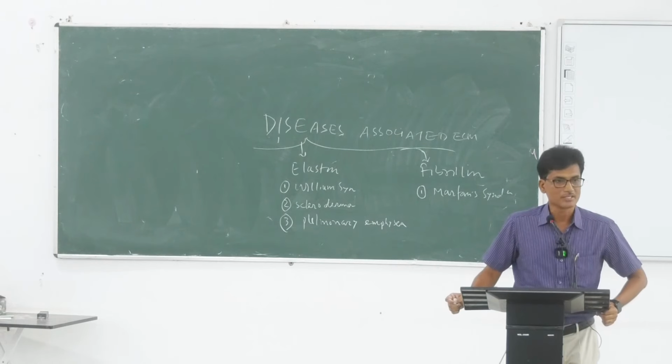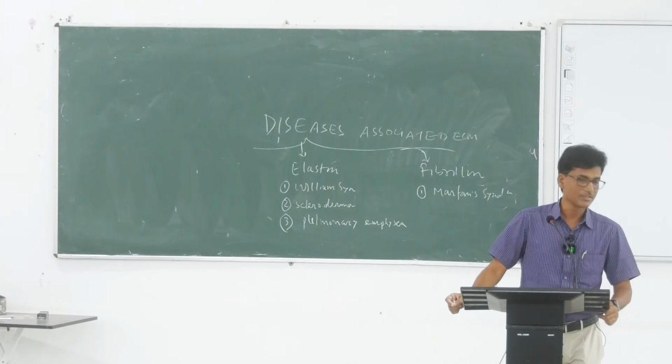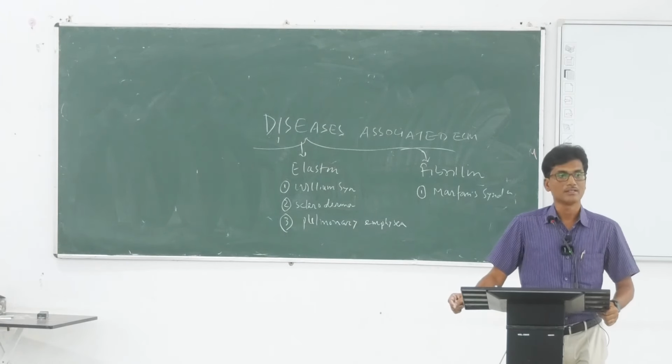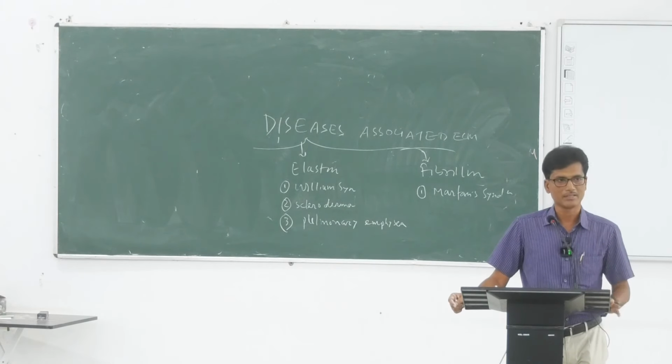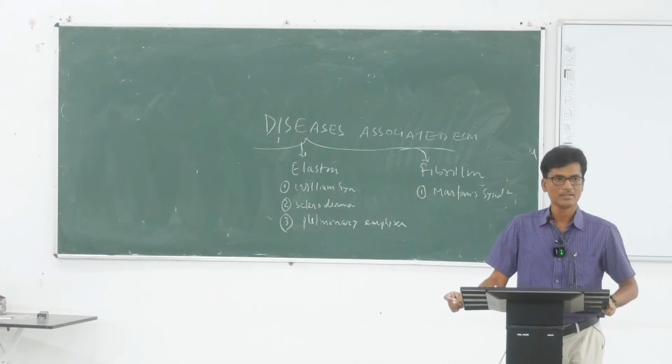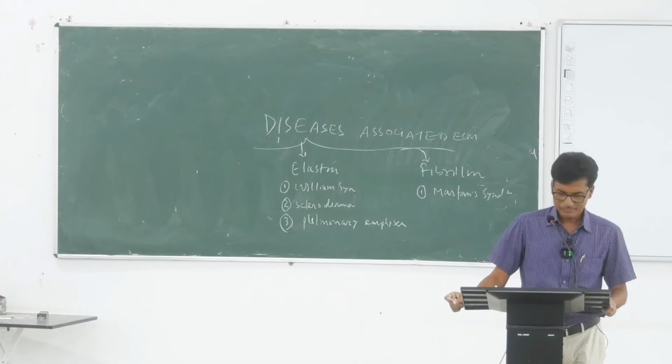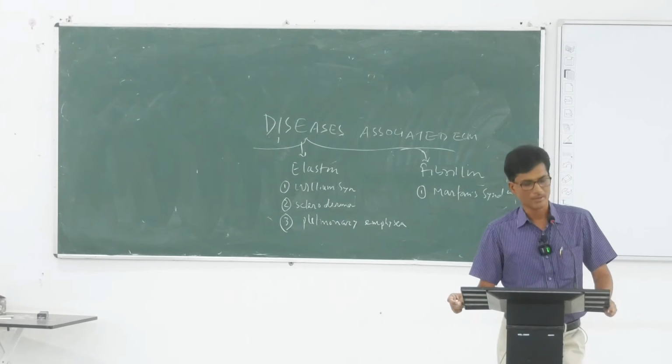Acha, where is the elastin present? Elastin is present in tissues where stressability is present, that is, the organs that undergo repeated stressing. Elastin is present in organs like skin, lungs, arterial walls, and ligaments.